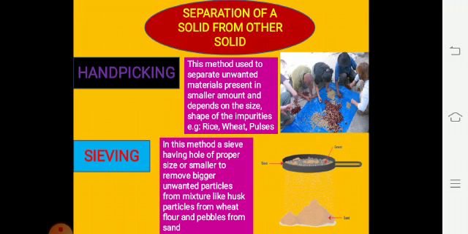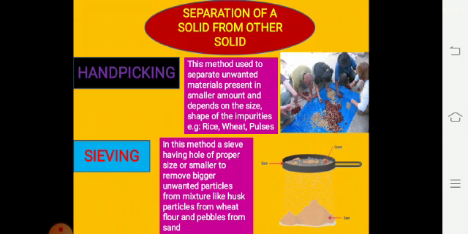This method contains two different types of methods, like hand picking and sieving. What is hand picking actually? This method is used to separate unwanted materials like pebbles and stones present in smaller amounts, and depends on the size and shape of the impurities.